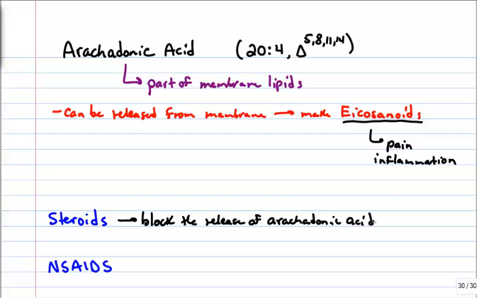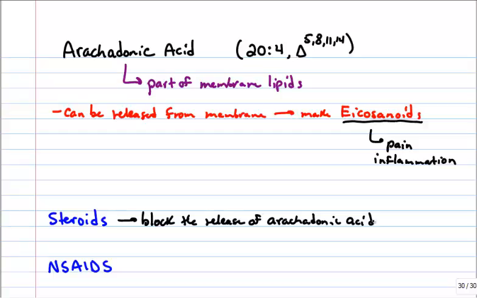And if you don't release arachidonic acid from membranes, you don't make eicosanoids. And if you don't make eicosanoids, then you can reduce inflammation, because eicosanoids promote inflammation. Again, we'll get into more detail in class.